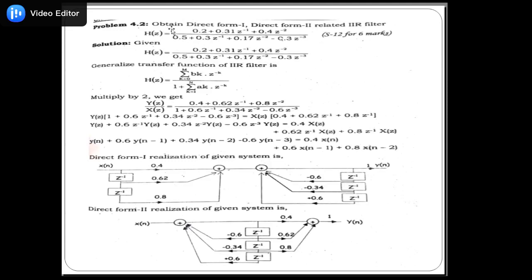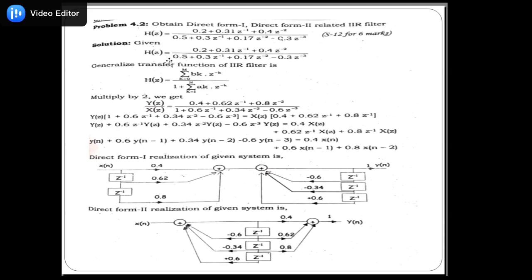Same for here, that is h of z is equal to this equation. If you consider y of z divided by x of z, means this equation will provide summation will take place from 0 to m b of k z to the power minus n, 1 plus this equation. That's why you consider that equation will be divided with these terms, means that will be put 1 plus this term.